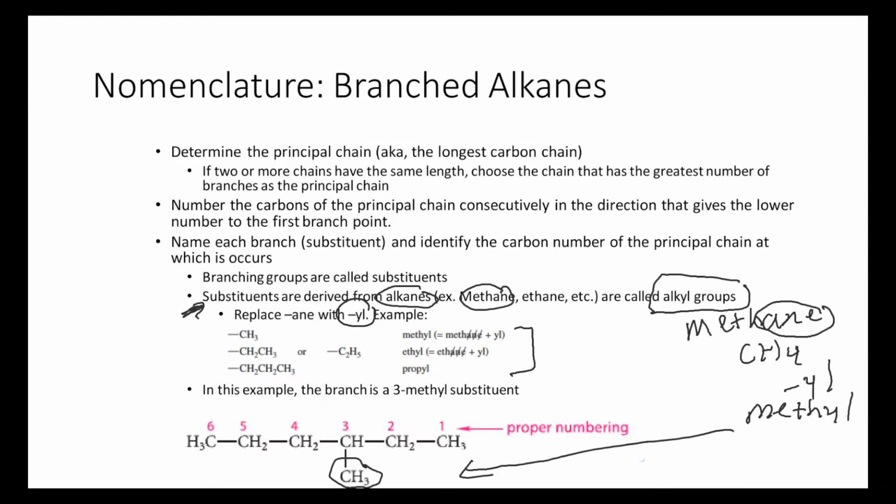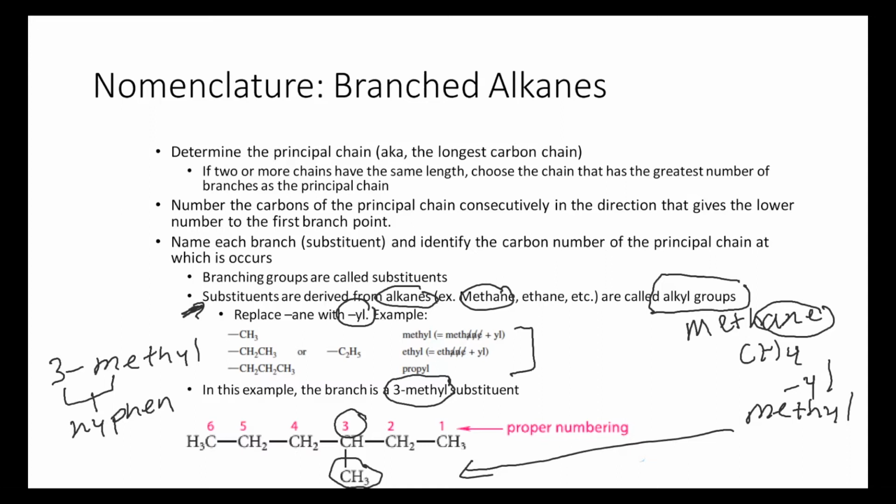We had also figured out the principal chain based on which one gave the substituent the lowest number. So we know that this substituent is attached to carbon 3. So this is called a 3-methyl substituent. Notice 3-methyl has a hyphen right here.